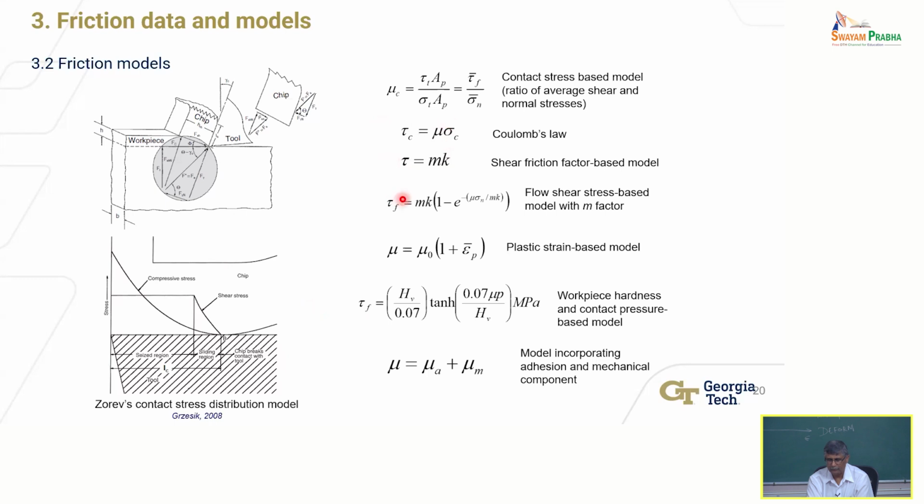For a portion of the contact, from here to here, you will use this type of friction model, tau equals m times k. And then beyond this point, where the shear stress starts dropping and normal stress starts dropping, you use a standard Coulomb friction model with a coefficient of friction, because the normal stresses are very low. So that is very common to use.